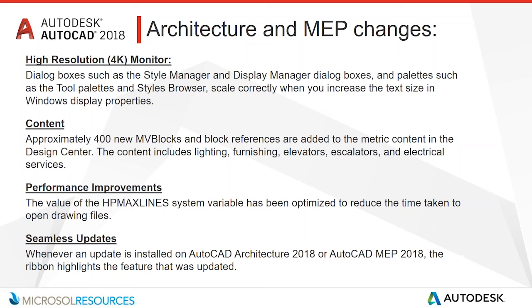Some of the new features in both of those, again, have to do with dialog boxes on high-resolution monitors. And if you are working in metric, they have added 400 new multi-view blocks. So for those of you working outside of the US and you need some of the more content, there is some more in there.